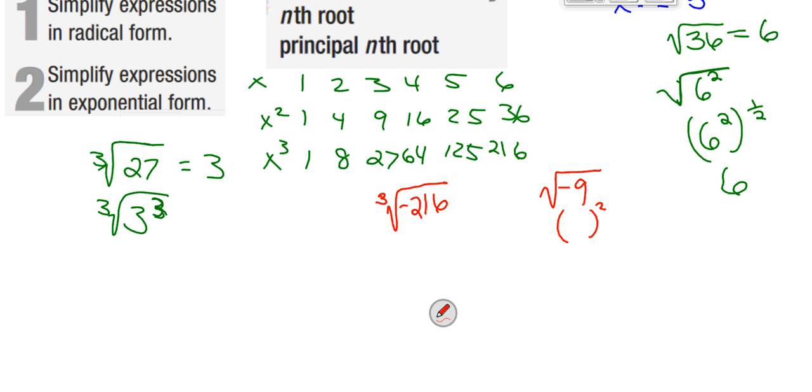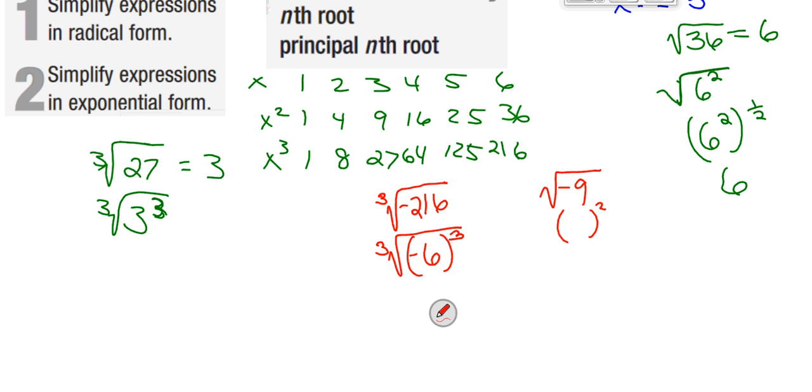But if I ask myself what times itself and times itself again is going to give me a negative, I can do that, because a negative times a negative times a negative is a negative. So this is the cube root of 216, which is 6 times 6 times 6. If I think of it as -6 to the third, negative times a negative times a negative gives me a negative. Do you agree with that?